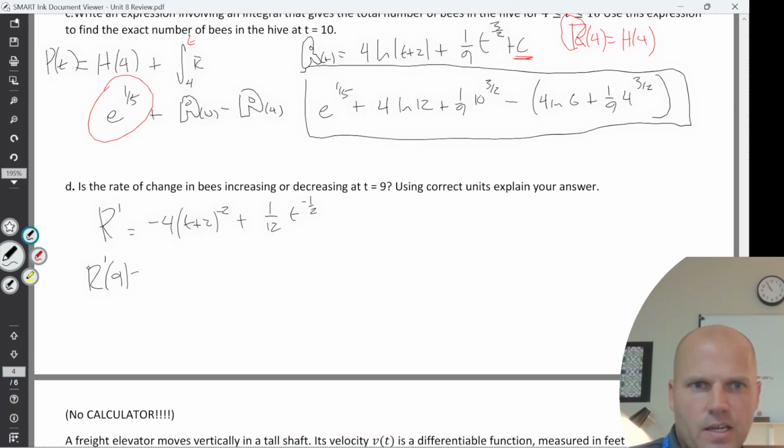R prime of 9 equals negative 4 over 11 squared plus 1/12 times 1/3.